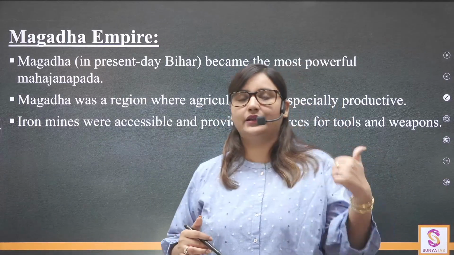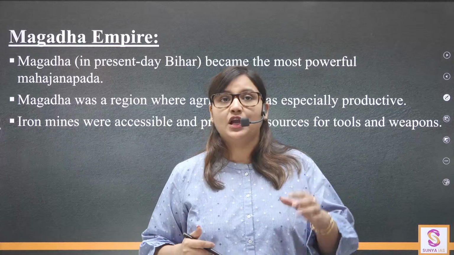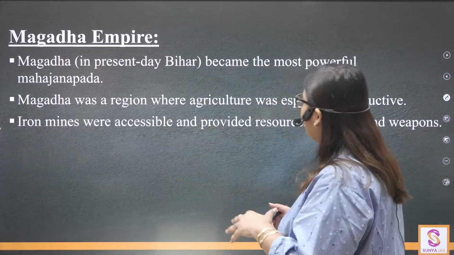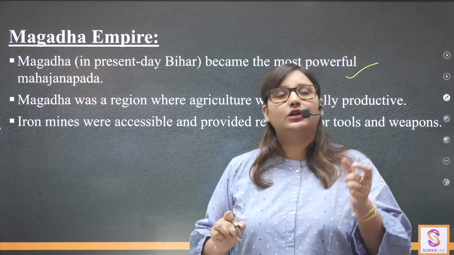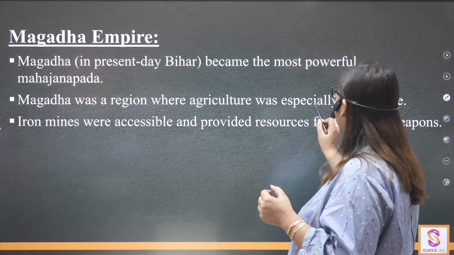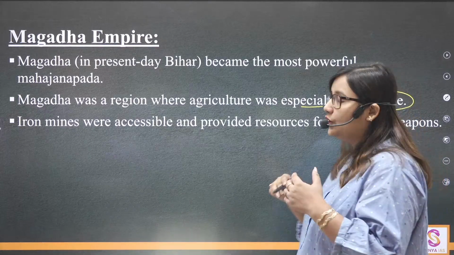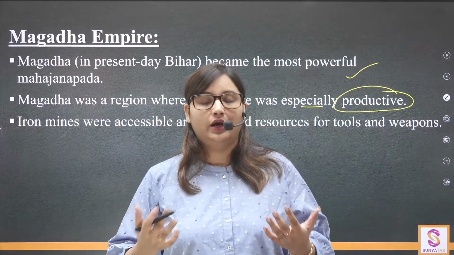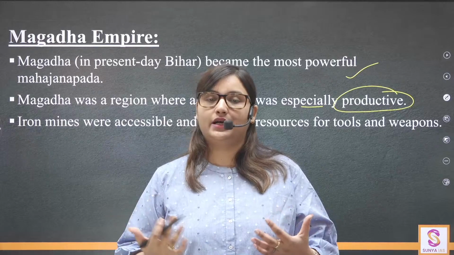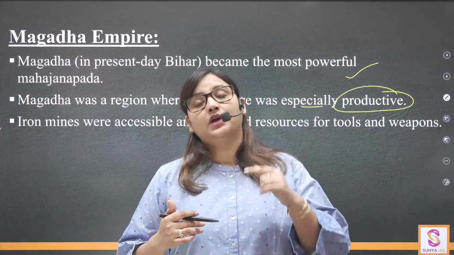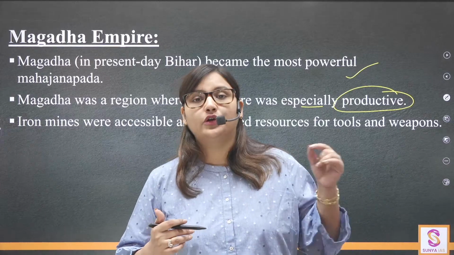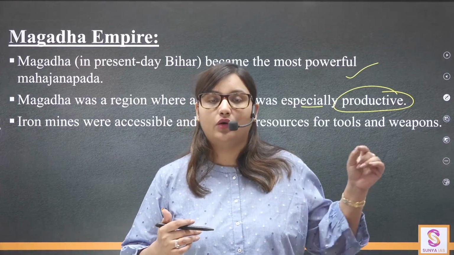Okay. Now let's come to the Magad Empire. If you remember, in the last class we were writing about it. So Magad in present day Bihar became the most popular Mahajanpad, and Magad was a region where agriculture was specially productive due to the fertile soil. Why was the soil fertile? Because it had many rivers and tributaries along it, and at that time rivers and tributaries were used to do the internal trade also.